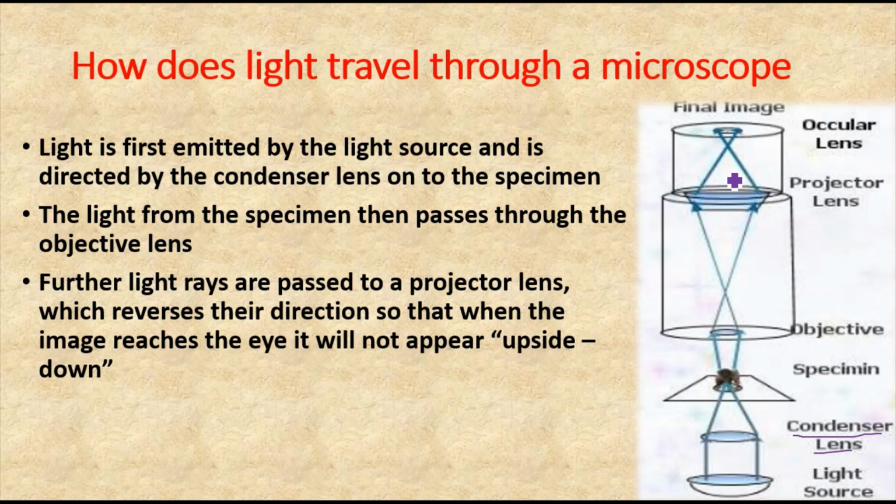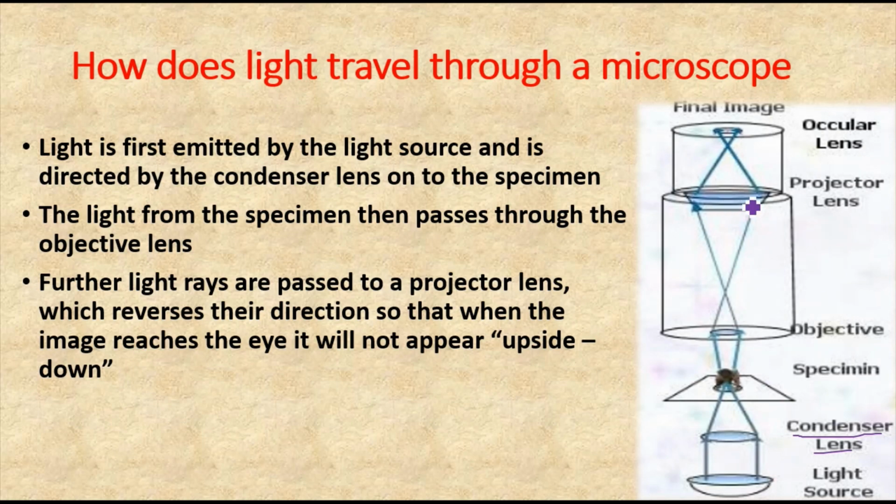It will not appear upside down. Here the microscope forms the image in a reverse manner, but when we see with our eye, it is going to be in the normal way, that is the virtual image we are going to see. So the projector lens reverses their direction so that when the image reaches the eye, it will not appear upside down.